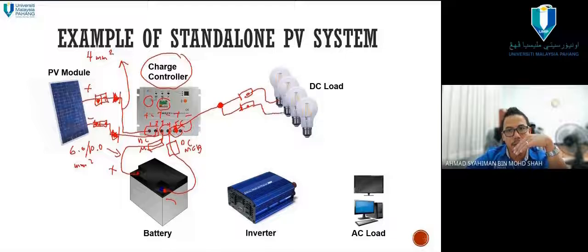Tapi remember, ni DC. Lepas tu letaklah switch ni, tak kisahlah switch apa, pada kabel plus. And then the negative one saya rasa semua boleh di loop.